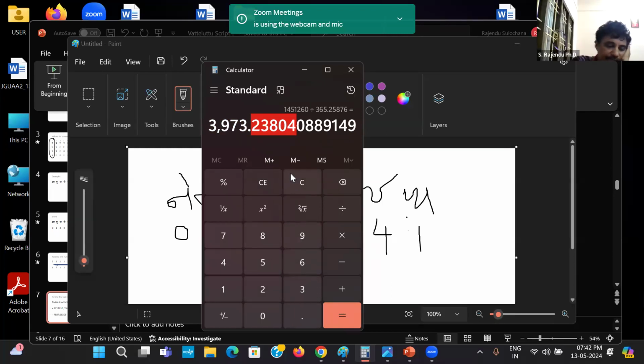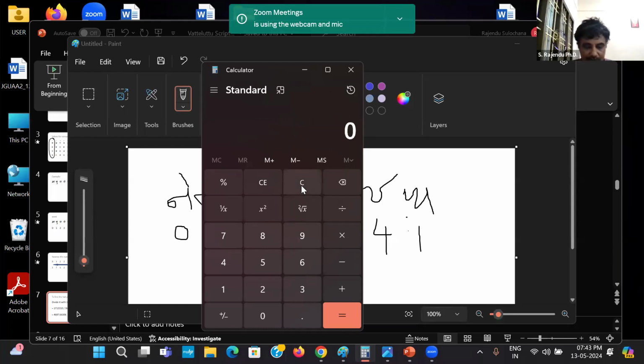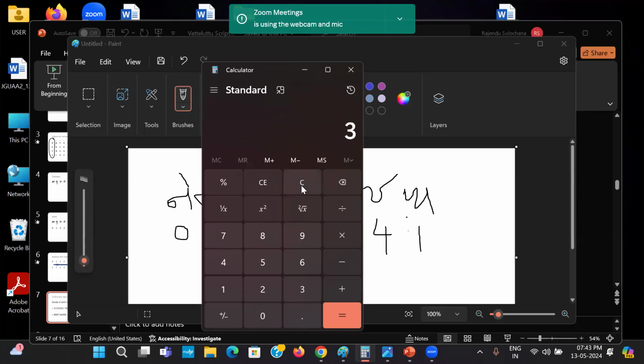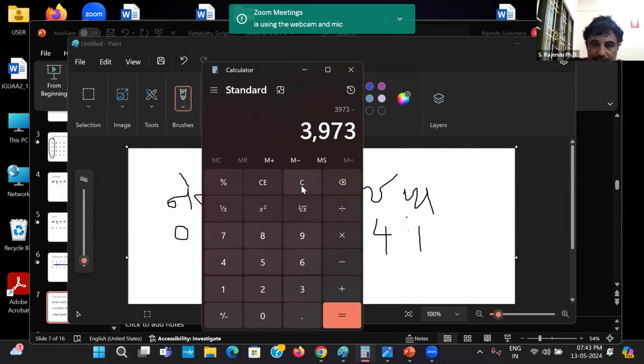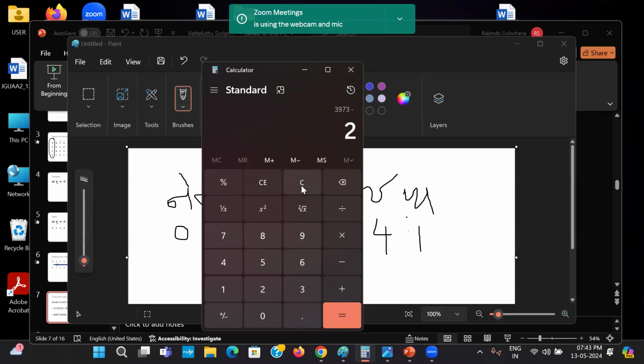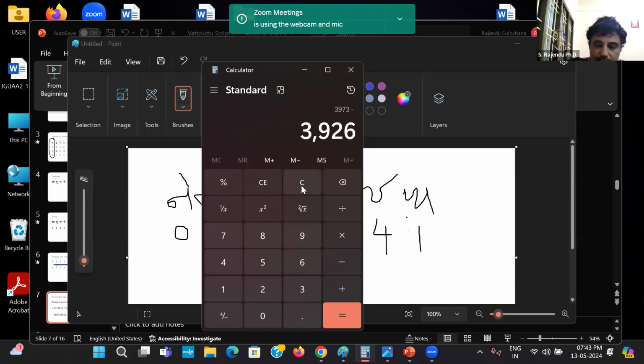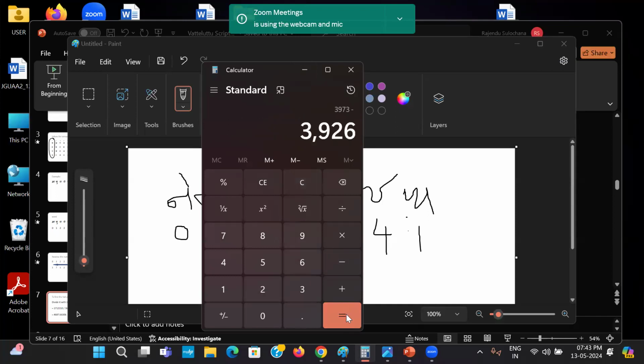Then subtract 3926 from 3973. 3973 minus 3926 is equal to 47.